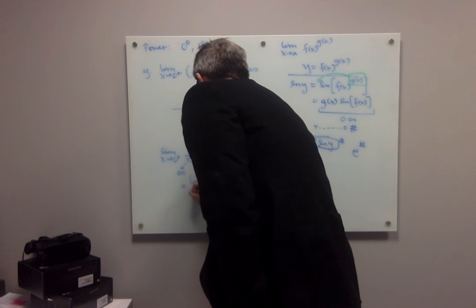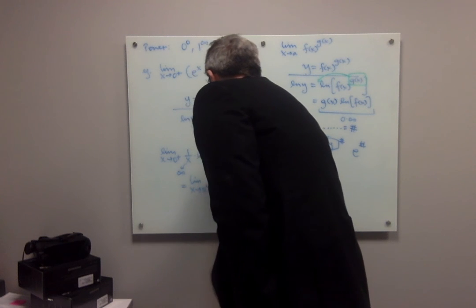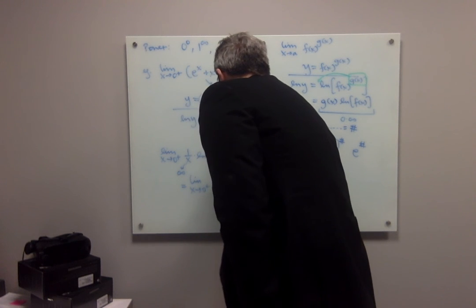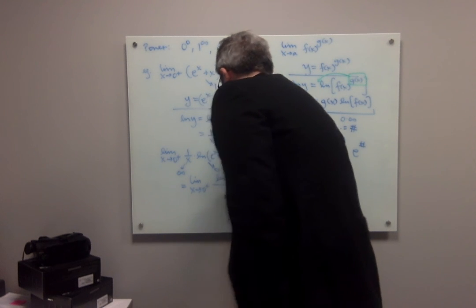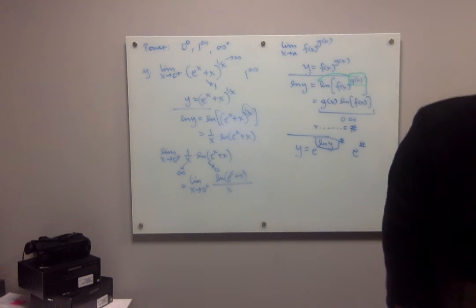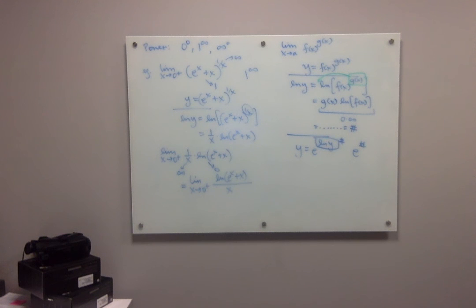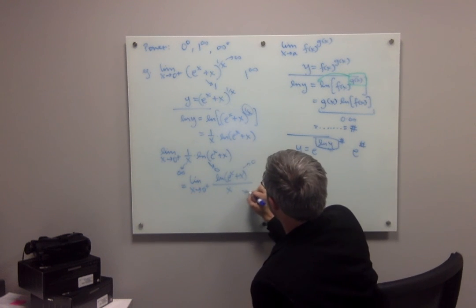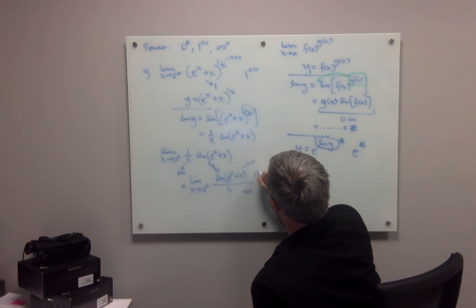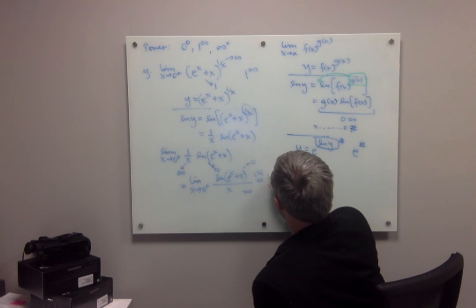So let's change this into a fraction: the natural log of e to the x plus x, all over just x. And now the top goes to 0 and the bottom goes to 0. So I am in a perfect place to do L'Hopital's rule.